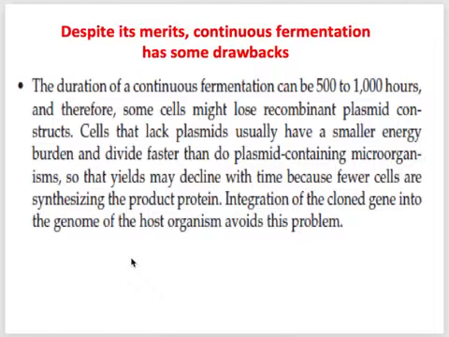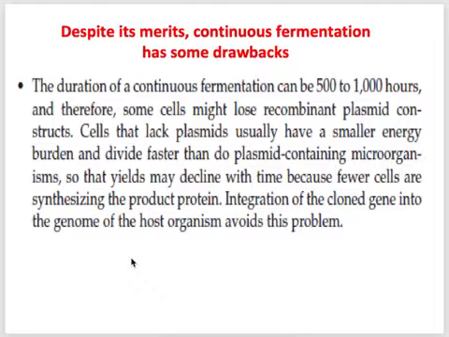So there is a chance that during this time your organisms will release the recombinant plasmid. If it is free from the plasmid, it's actually easier for that microorganism to grow and multiply. The microorganism without the recombinant plasmid requires less energy to multiply.